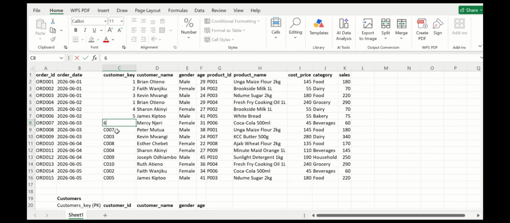this is 6, this is 7, this is 8, sorry, no, this is 3, this is 8, this is 4, this is 9, this is 9, and here this is 10, this is 2, and then this is 5.